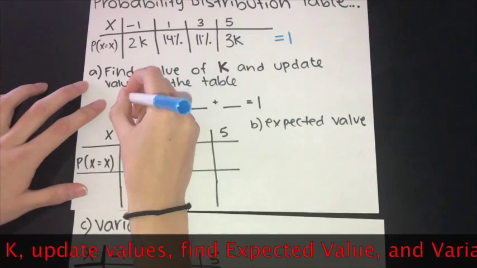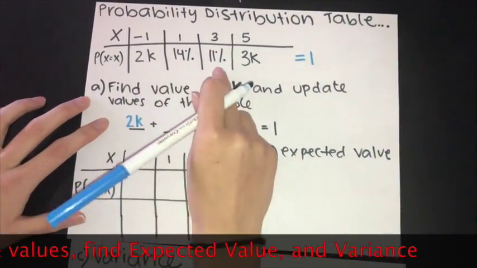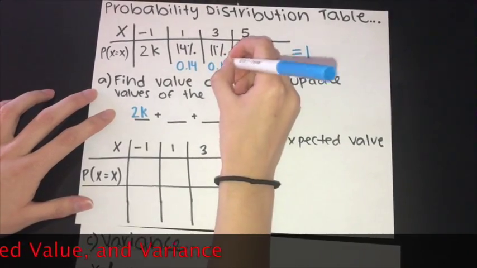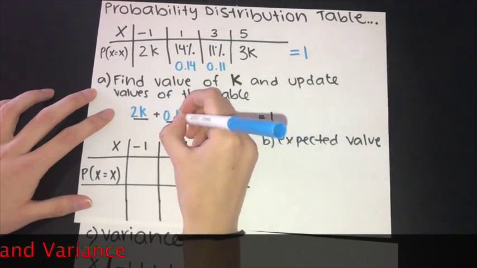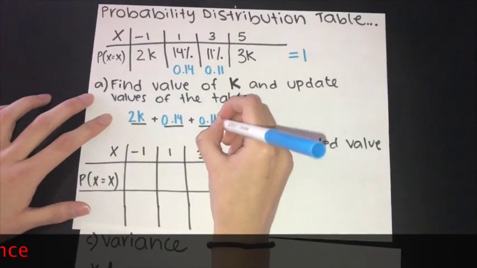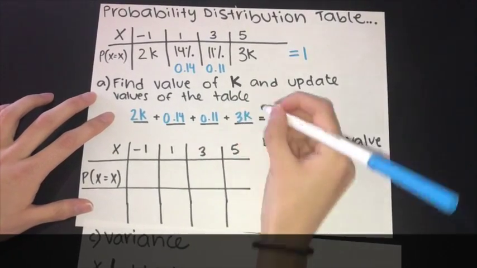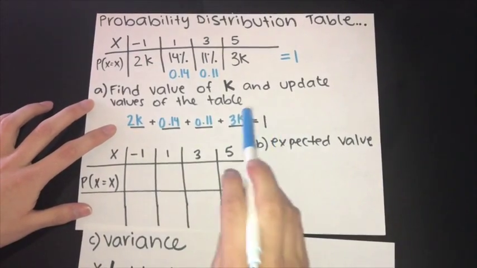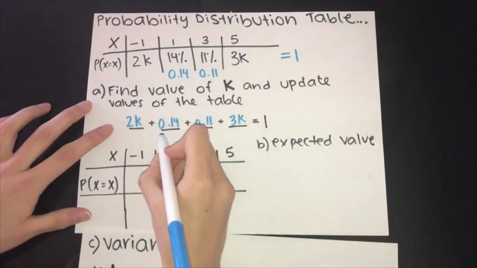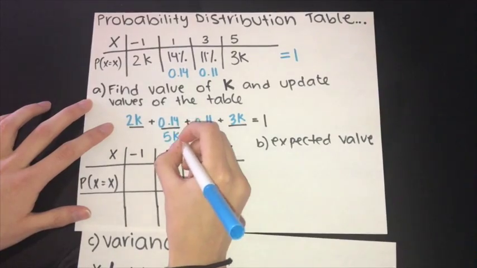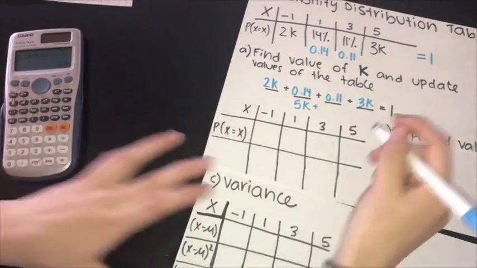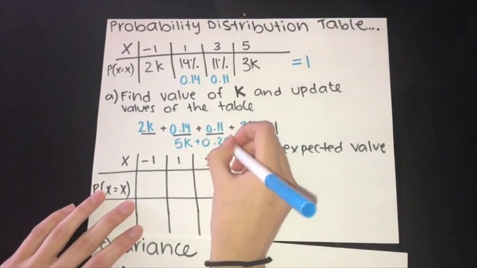We know that in a probability distribution table, the sum of all of these will be equal to 1. So we will say 2k, and turn these into decimals, so this will be equal to 0.14, and this will be equal to 0.11. We need to leave the k alone to know what it stands for. So we will have 5k plus 0.14 plus 0.11, which is equal to 0.25, equals 1.